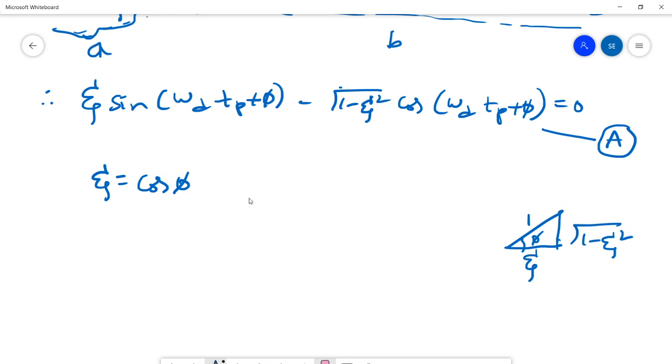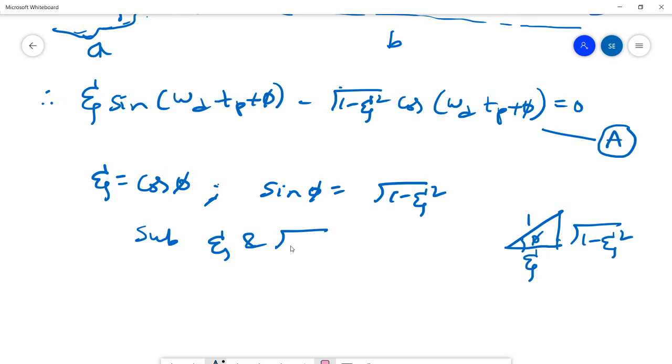Also, sine function is opposite side by hypotenuse, so sine phi is equal to root of 1 minus zeta square. Substitute this sine phi and cos phi in the above expression a.